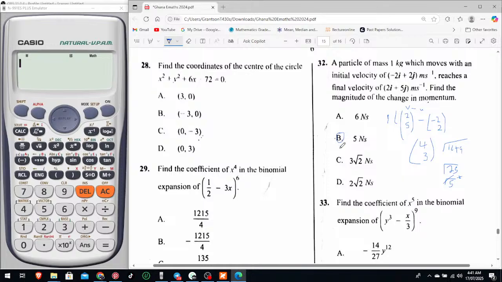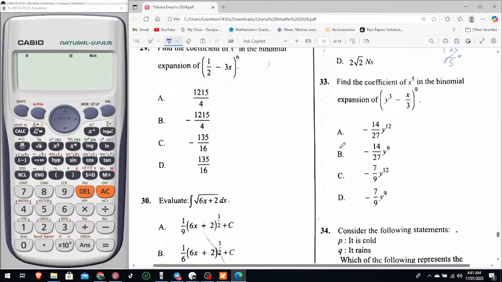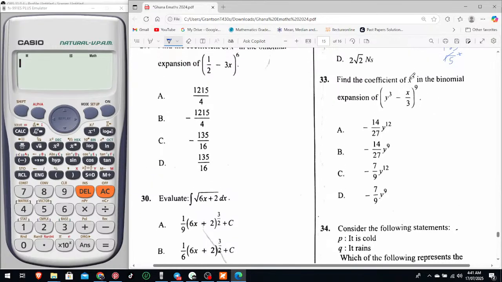Are we okay? Yes, sir. This one: find the coefficient of x exponent 5 in the binomial expansion of this. So we are looking for x exponent 5. You group the x to one side, x over 3 exponent 5.